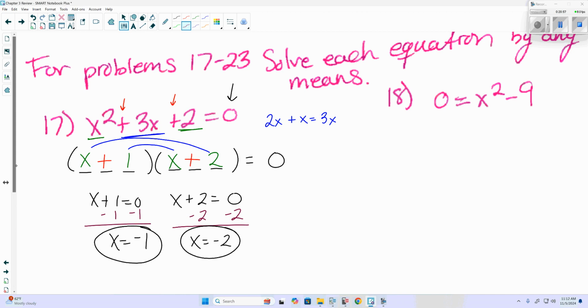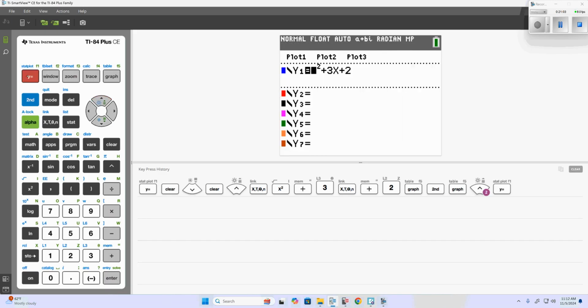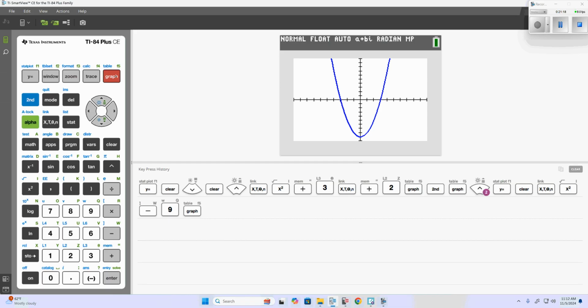we'll graph it. So like 18, 0 equals x squared minus 9. If it told us to solve these by graphing, first thing we'll do is grab the graphing calculator and hit y equals. Now we'll type it in, x squared minus 9, exactly as it looks, and then hit graph.